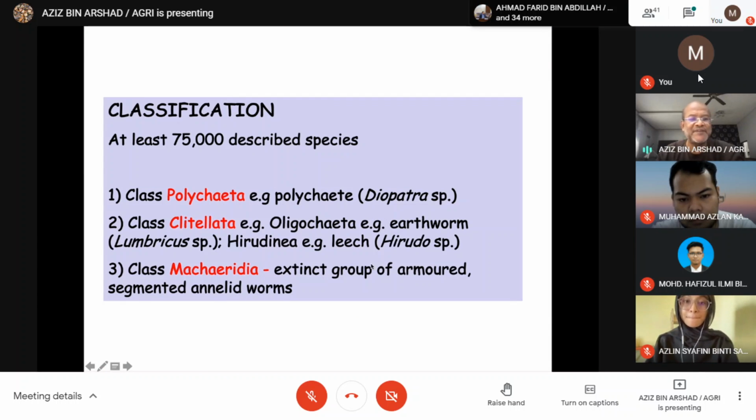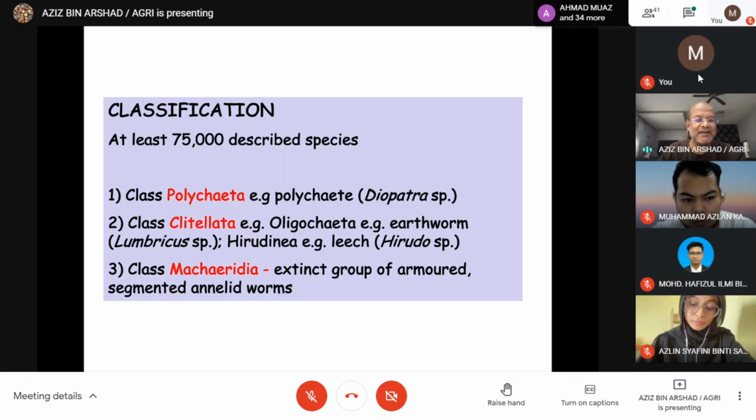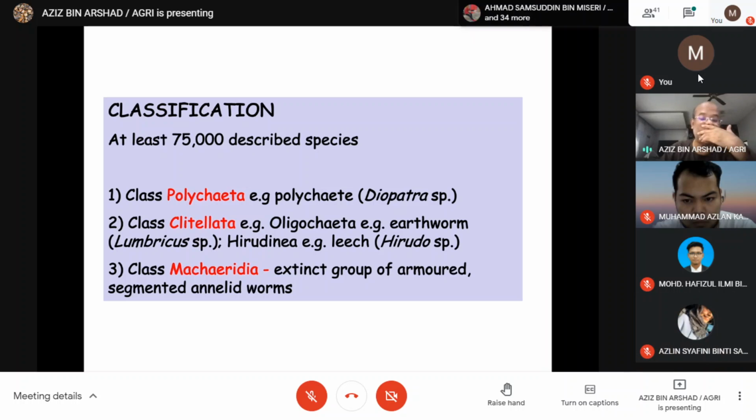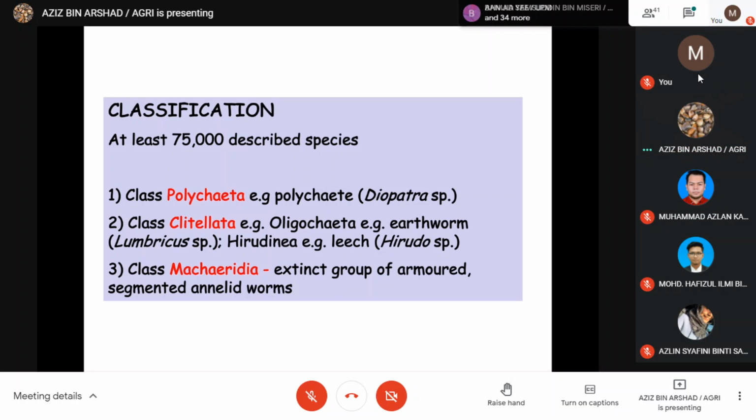So in terms of classification, initially, if we look at phylum Annelida, it has been divided into three, which is easy for us to remember. One is Oligochaeta, secondly is Polychaeta, and the third one is Hirudinea.